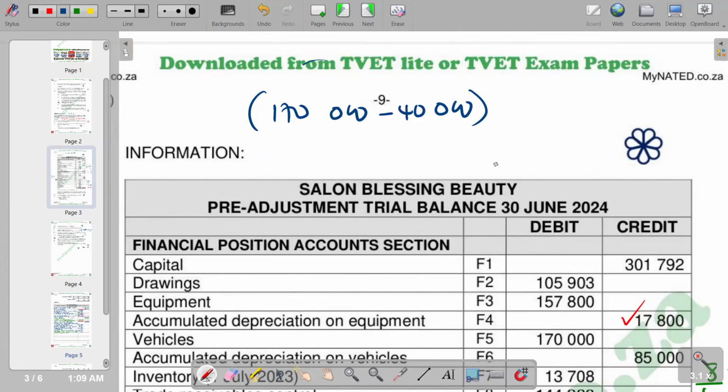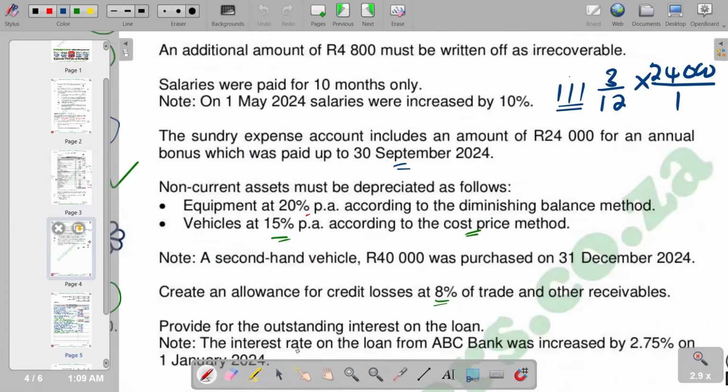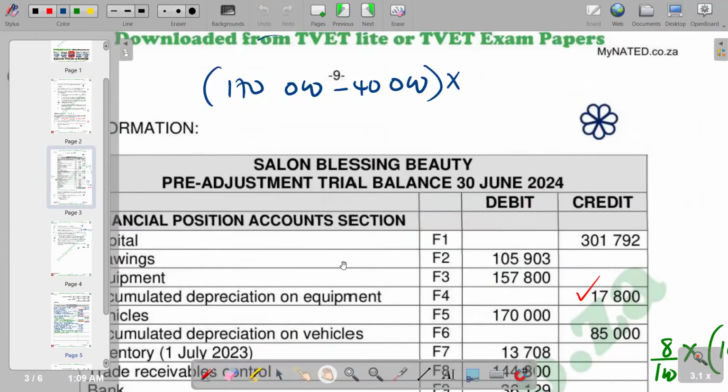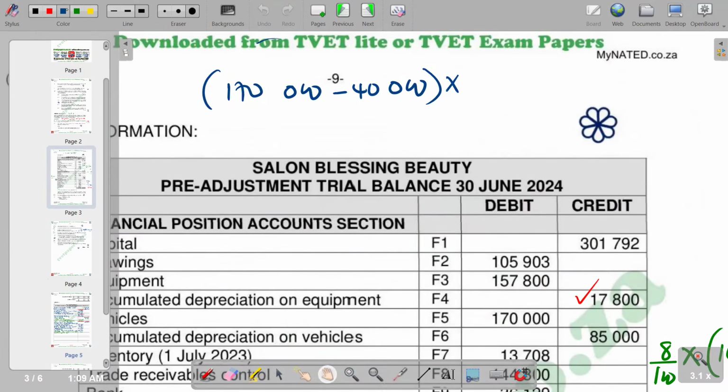And then when you get the answer, we multiply it by the rate. Remember, it's on cost. The formula for the cost price method is percentage times cost. So we multiply by 15%.